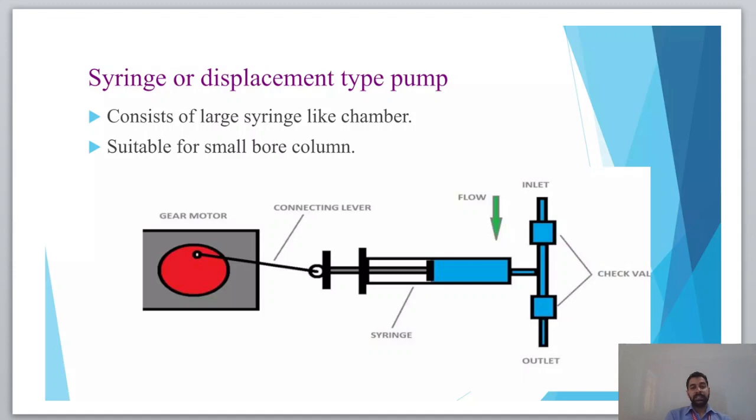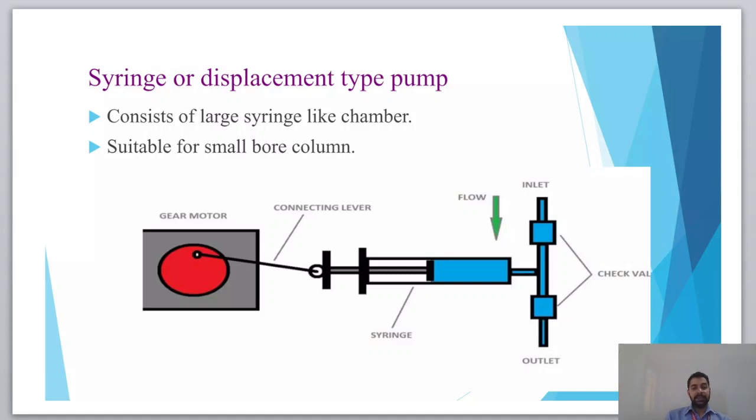Syringe or displacement type pump consists of large syringe like chamber, like we are using syringe and needle, no? Here this pump is also like that of a syringe. While we are triggering that piston, the solvent comes into this chamber.